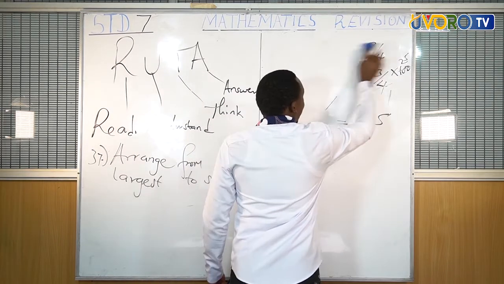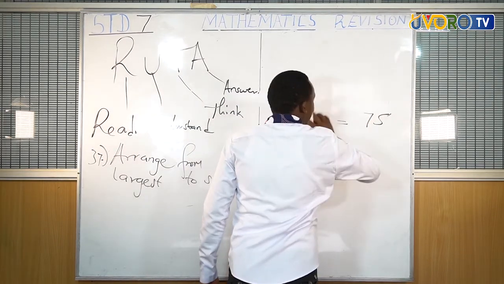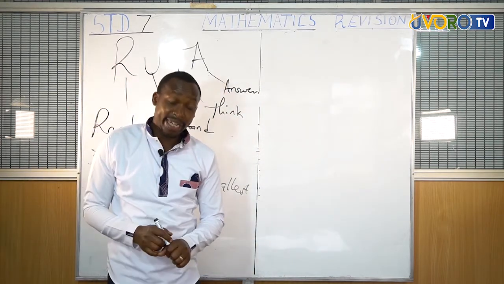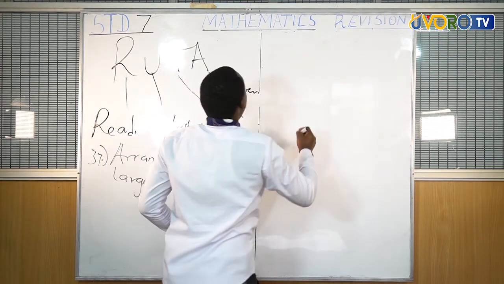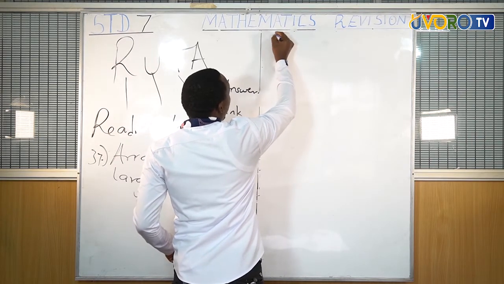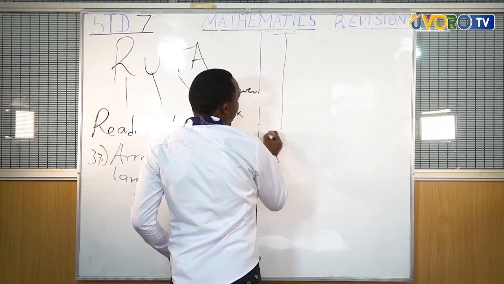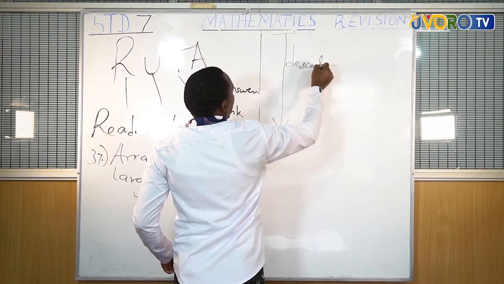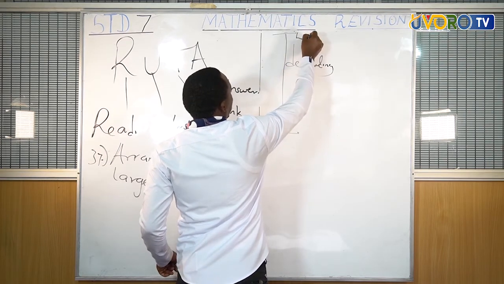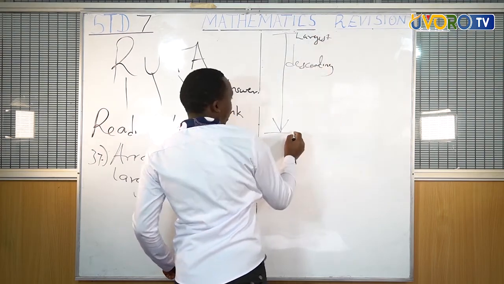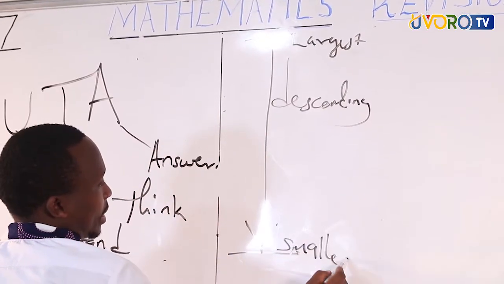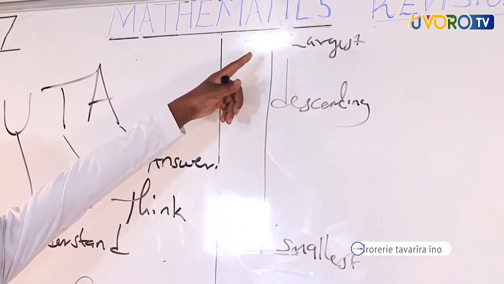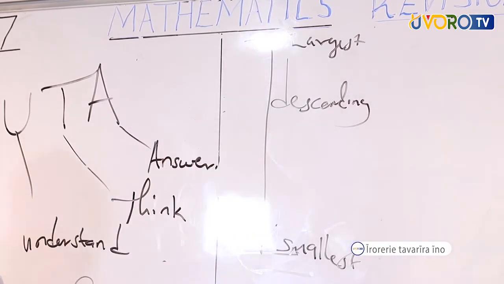Another name for arranging from largest to smallest is descending. Very good. That means we are on top, and we are supposed to descend. Descending is from the largest to the smallest.